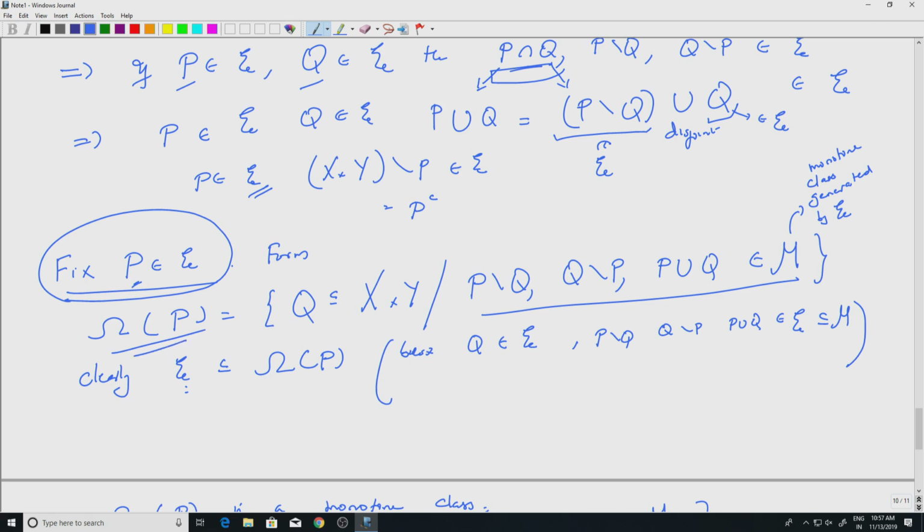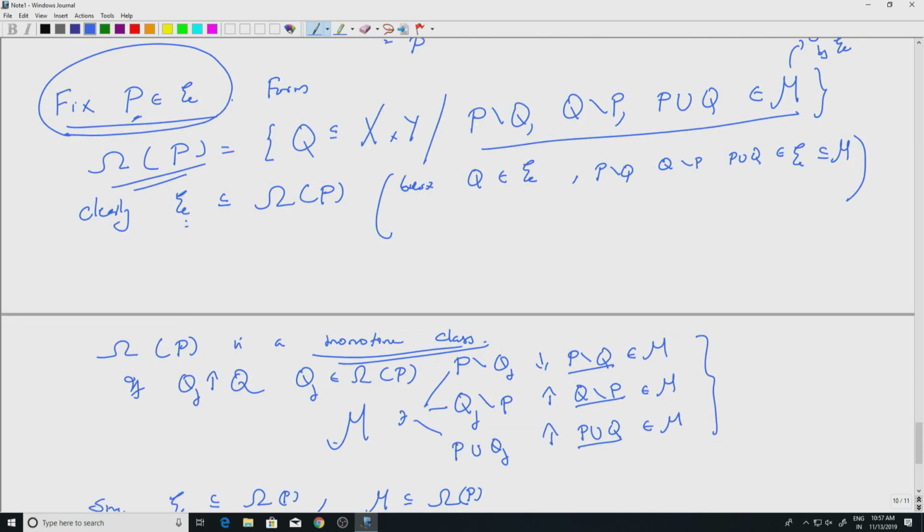We proved that omega p is a monotone class. As a consequence, we showed that M, which is the monotone class generated by script E, is contained in omega p. So I can take Q to be any set from M.